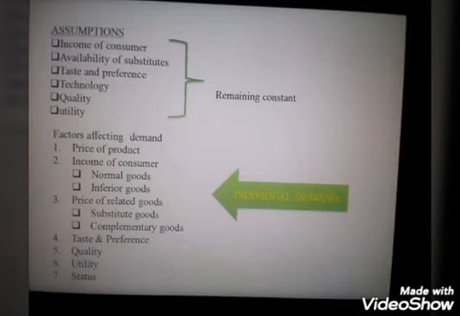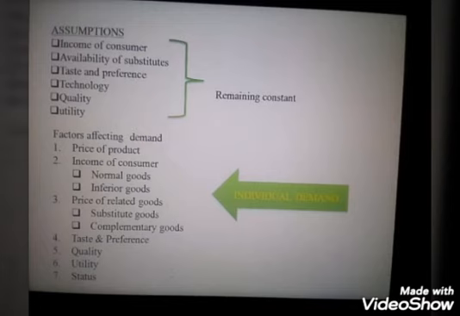And speaking about market demand, it is the sum total of individual demands, or we can say it is the quantity demanded by all the consumers in the market at different prices.